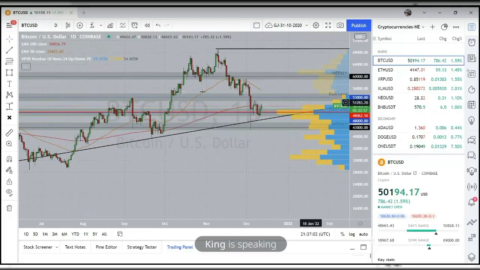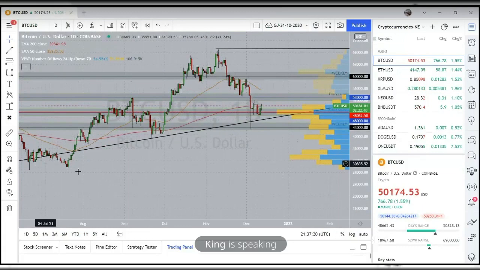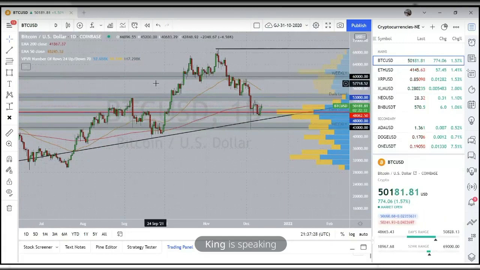It's in between two ranges really. If you look at the two extremes of this area, the extremes are where the lowest volume is, and the price that's traded the most, namely this 48K, is where you get the highest volume of all.